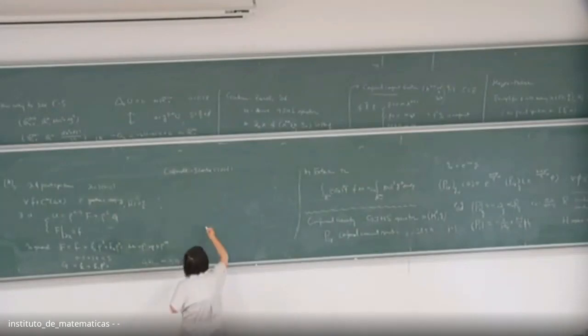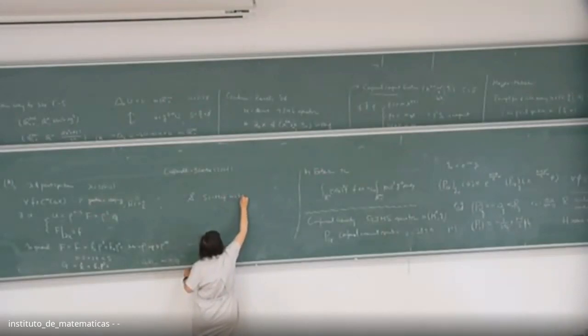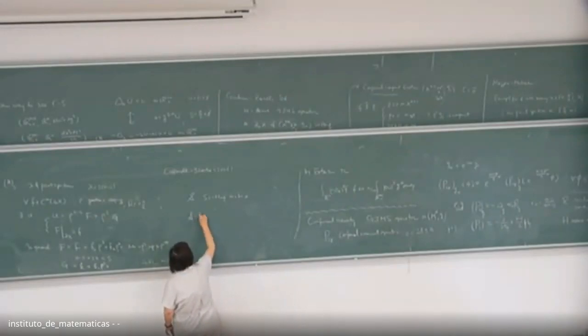So this k. This is the scattering matrix. The definition of the scattering matrix is S(s) operating on f is this G restricted to the boundary.